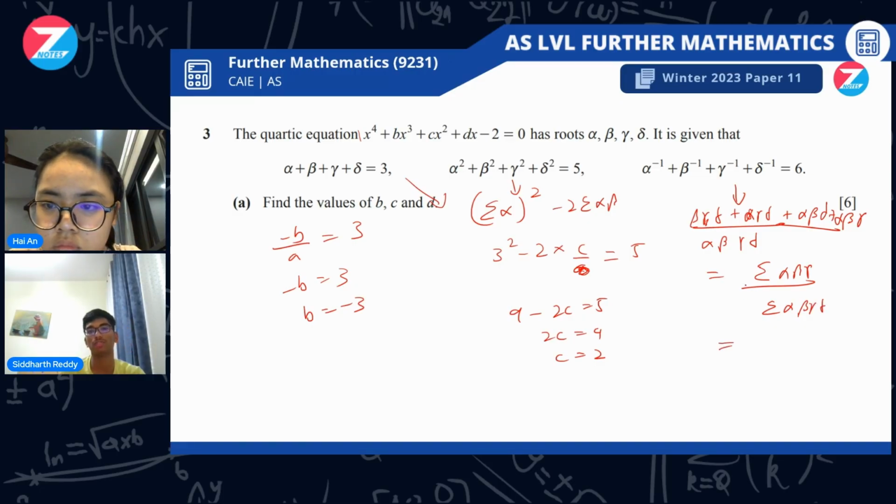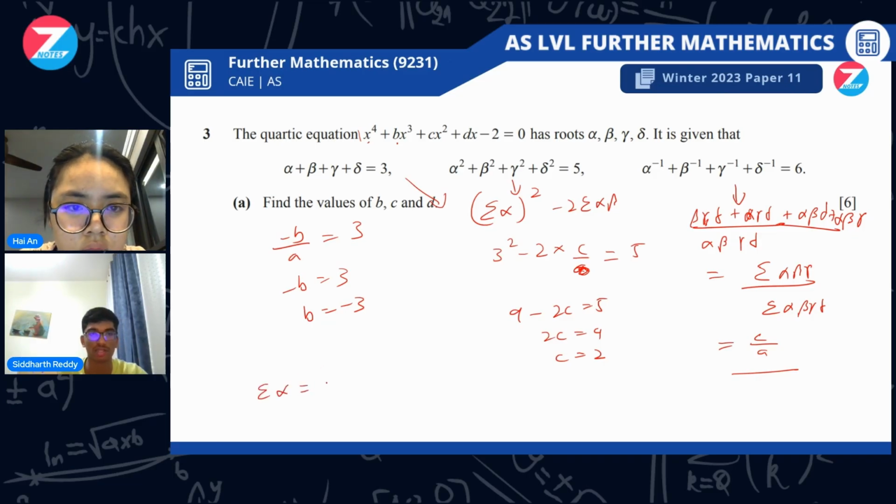So we know that the sum of roots singly is minus b by a, double is c by a, triple is minus d by a, and the product of roots is going to be, hold on one second. It helps when you write it down like this.